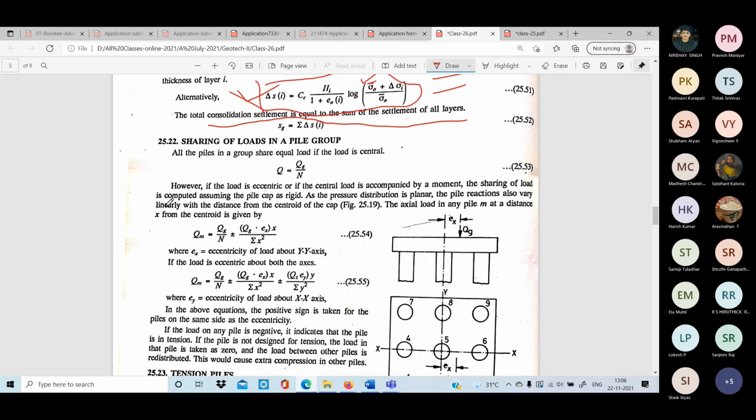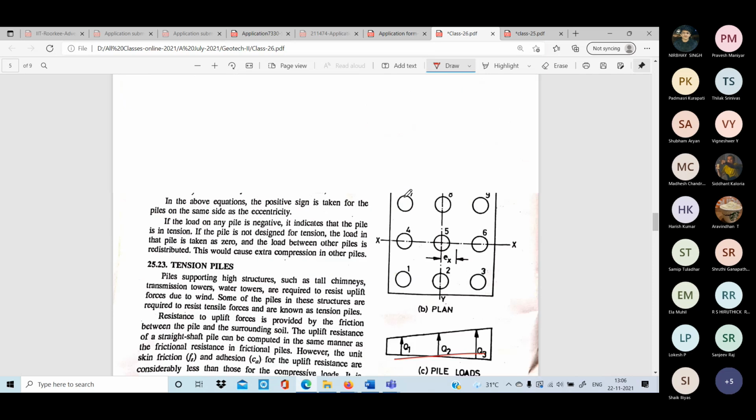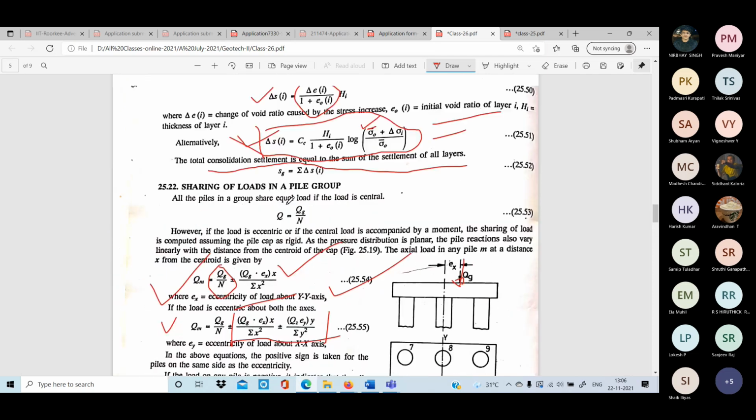Okay, sharing of pile load I think may not be important for you. This eccentricity you might already have studied. Okay, in addition to this we will get these parameters. We have already seen this one. When load is applied at some eccentricity, okay, so what will happen to that ultimate capacity?